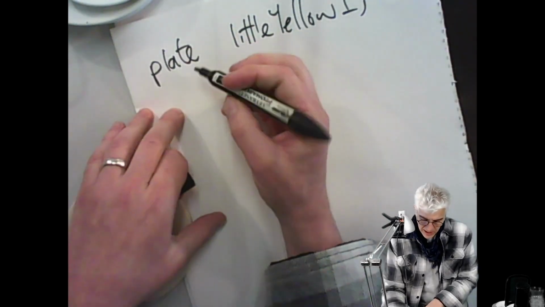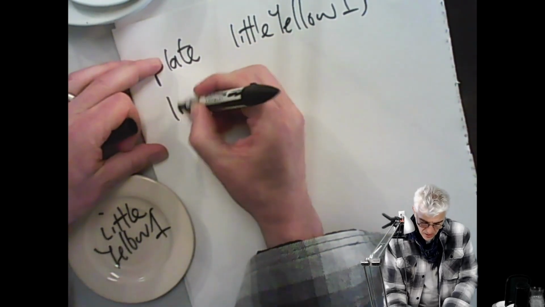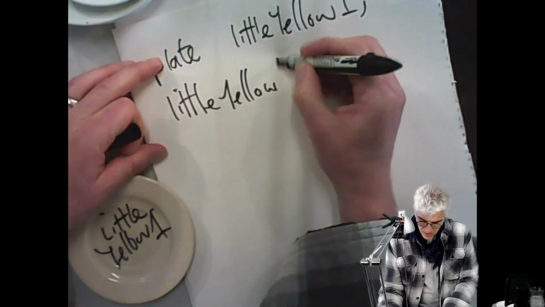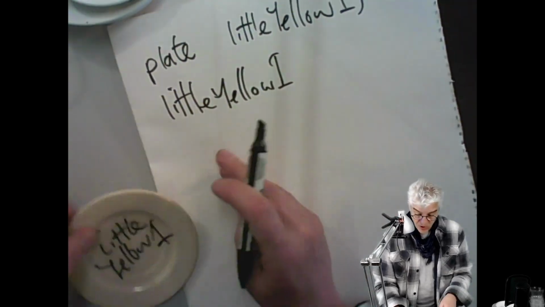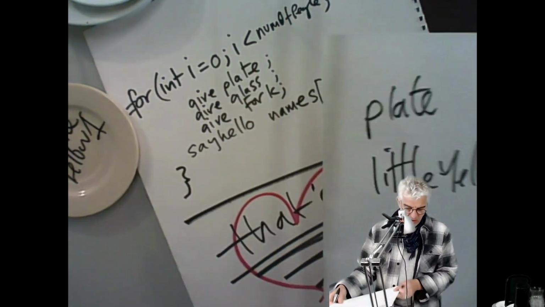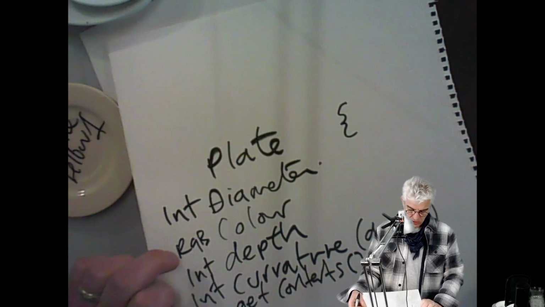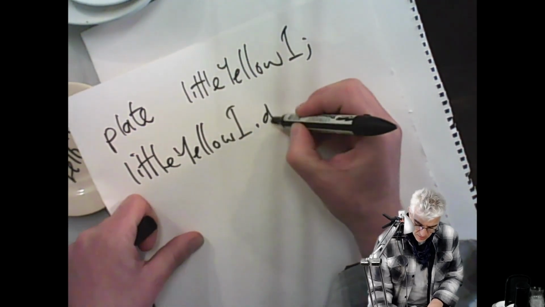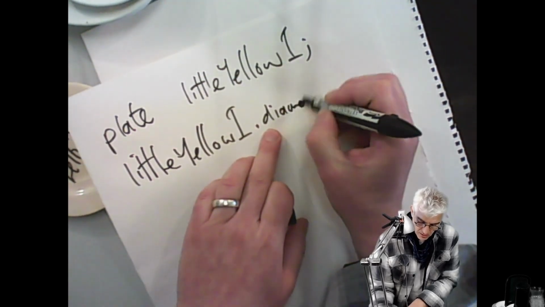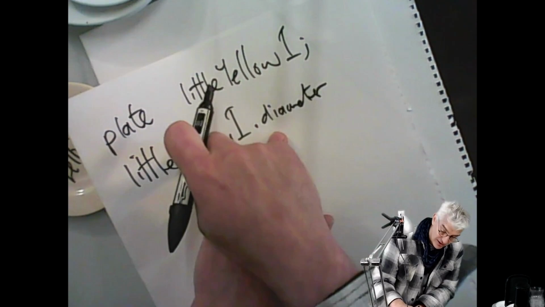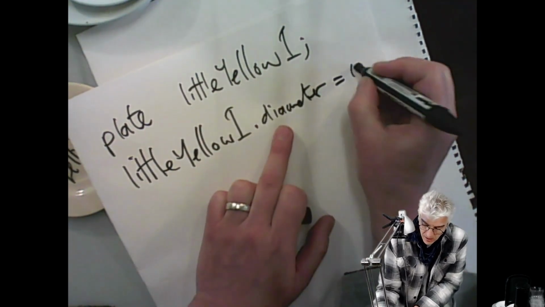And then I can say, little yellow 1, which means I'm talking to this specific plate. And let's see the things that it can do. It can have a diameter, a color, depth, etc. I can say diameter, which is a variable inside the little yellow plate, equals 10.